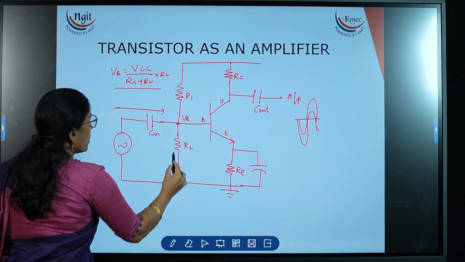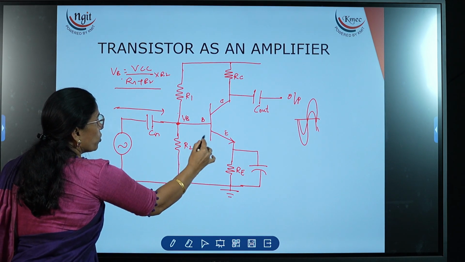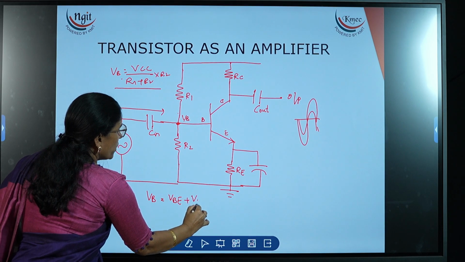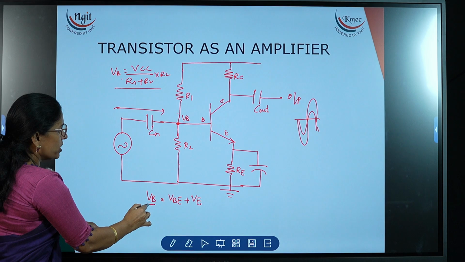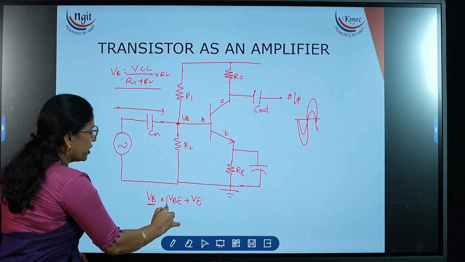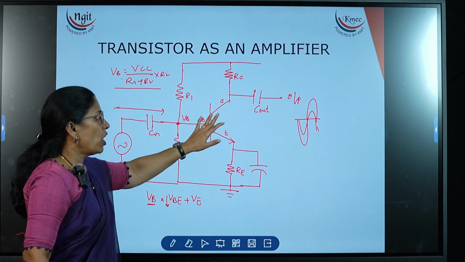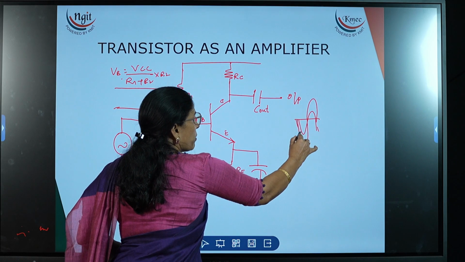It is a fixed one. In this loop, if I put the KVL, VB is equal to VBE plus VE. If this drop increases, since VB is a constant value, VBE will reduce, thereby the conduction of the transistor reduces, and the output current also reduces. And again we get the output normal like this.